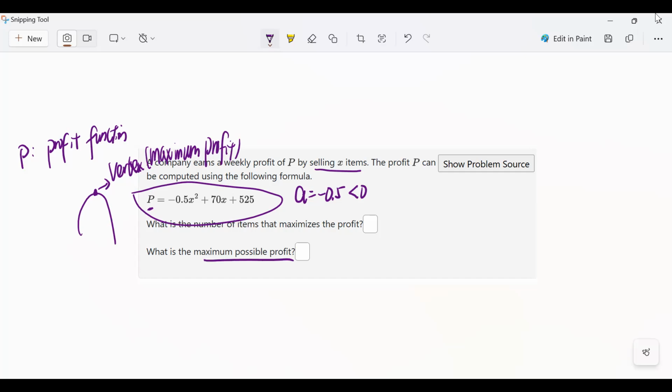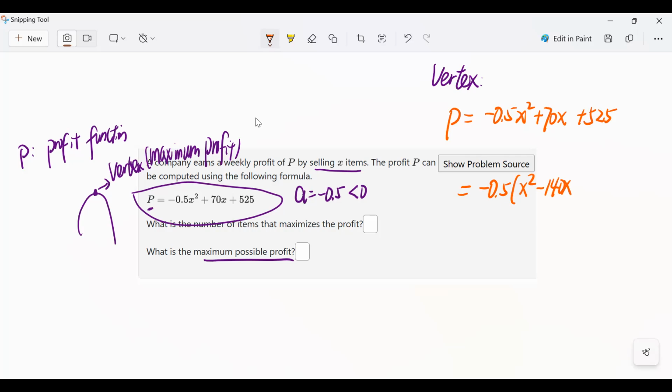And so first of all, we're going to complete the square, take out the P. So basically find the vertex. It's our goal. In order to find the vertex, we need to complete the square, right? So P equals negative 0.5x squared plus 70x, plus 525. Here we're going to factor out the GCF negative 0.5: x squared minus 140x, plus 525.